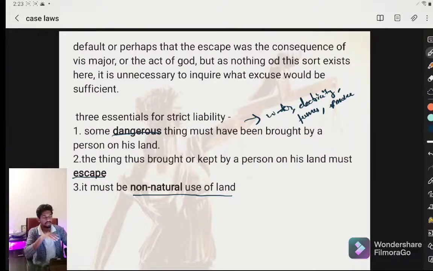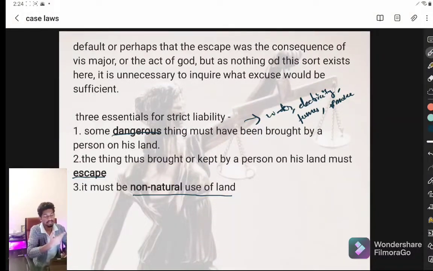Let's suppose you are running a bone manufacturing industry, and it was kept closed because of the lockdown, and the heap of bones caused many rats to come into your factory, and the rats went to the adjacent land and caused damage to other people's property. Let's suppose he also has corn flakes or something which might attract the rats. So he can sue you for non-natural use of the land.